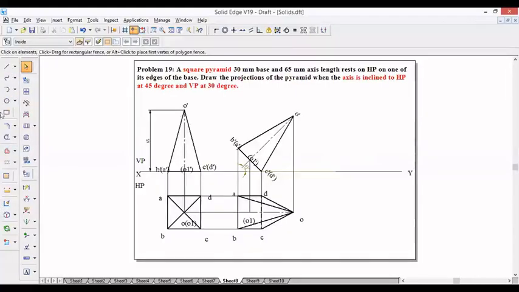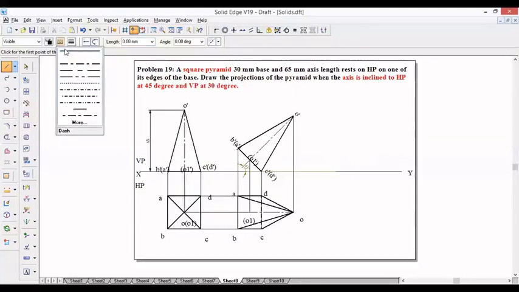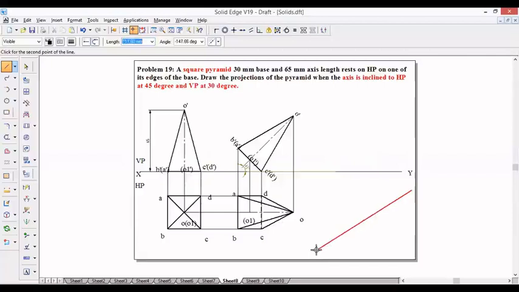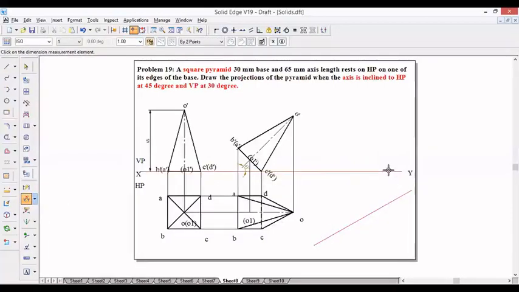So the axis is inclined to both HP and VP, which means a line is inclined to both HP and VP, so we need to find the apparent angle, the apparent inclination, for which we need to construct the locus. So let us first take the true angle, that is 30 degrees to VP.